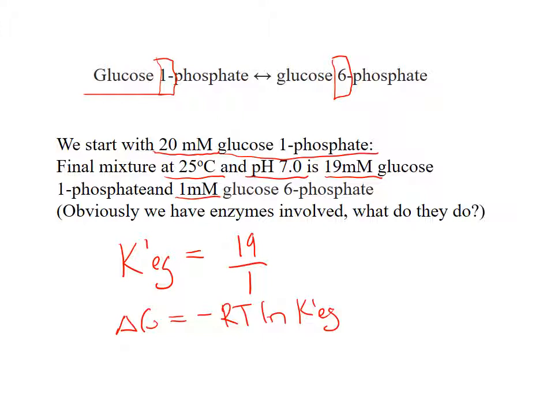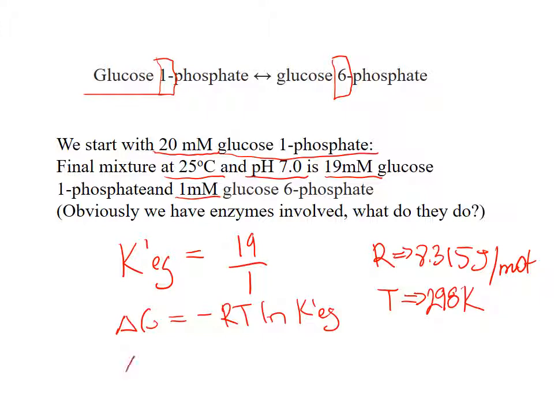And if you remember, R equals 8.315 joules per mole Kelvin, and our T is at 25 degrees Celsius, but we have to present it in Kelvin because we're talking about energies here: 298 Kelvin.